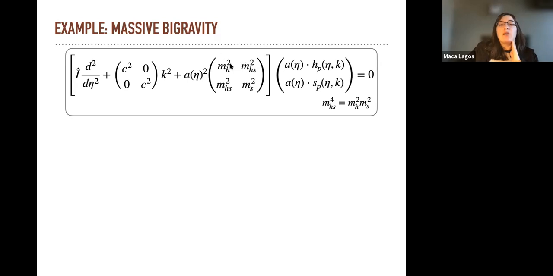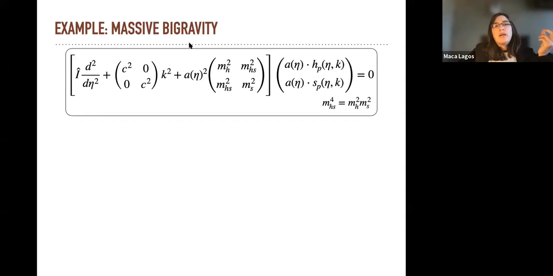And now these mass matrix elements actually may have different time dependence, we don't know, but just for concreteness, we're going to assume that they all evolve in the same way in time, proportional to the scale factor A squared, and these are constants. Now, if this equation of motion comes actually from an action principle, then this should be symmetric, which is what we have here. So the off-diagonal terms are the same.